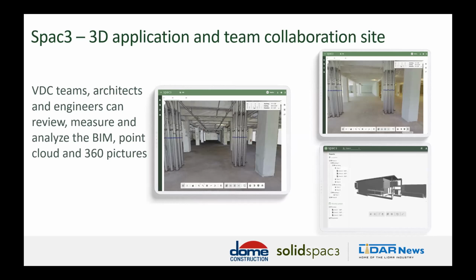So now you're actually in the model, and you could do walkarounds in 3D, measure certain components that you're investigating. So all this can be done in real time. So this can help you eliminate possibly additional site visits when more information is needed. Users can view the files directly. No need to download locally the big files or use other applications. It's all done in our application in Solidspace.